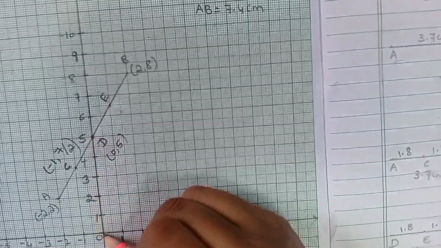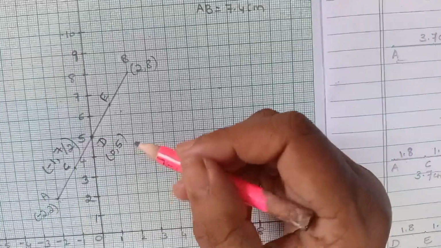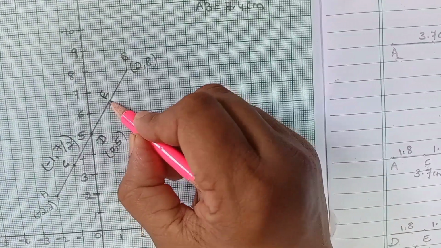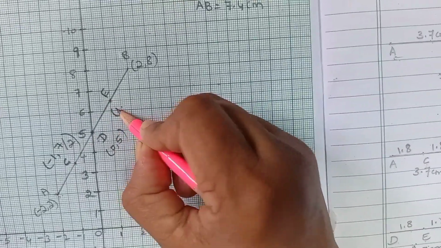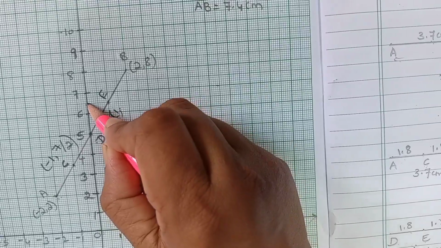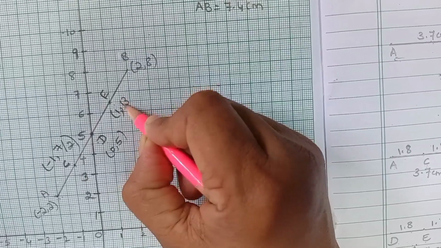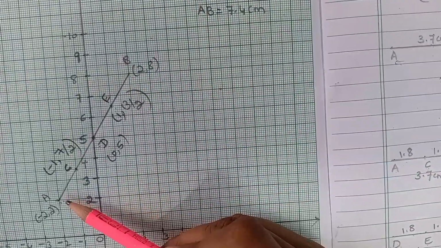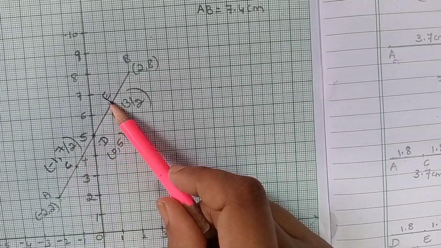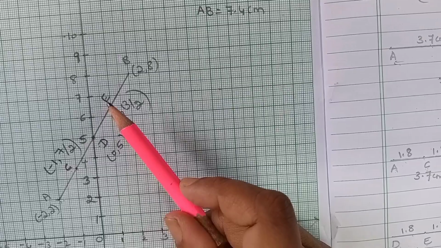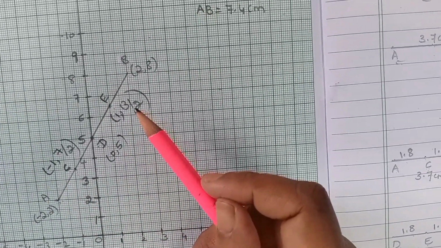You can see here this 0 and the y-axis is 5, and the point E is here. The x coordinate is 1, the y coordinate is 6.5, and 6.5 we can write as 13 by 2. While solving the problem we found the coordinates of C, D and E by using the formula, and here we have found them by using the graph. This is the meaning of the question.